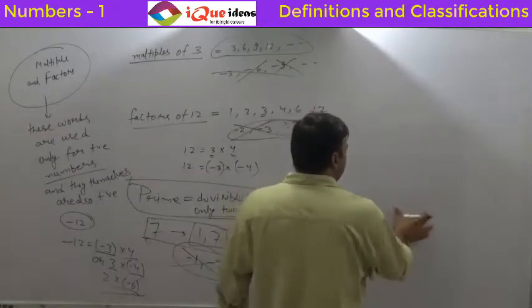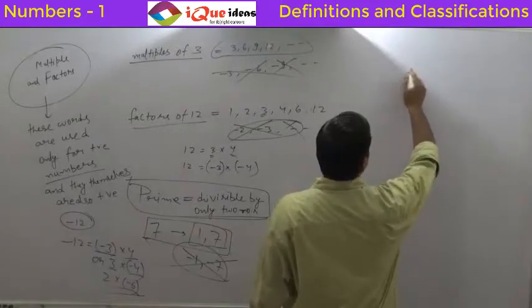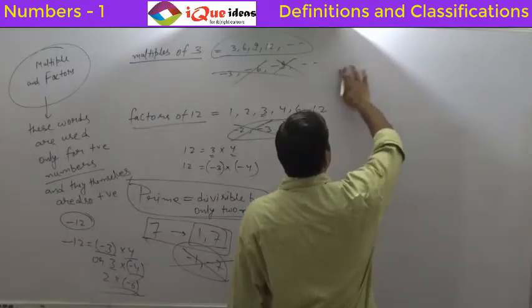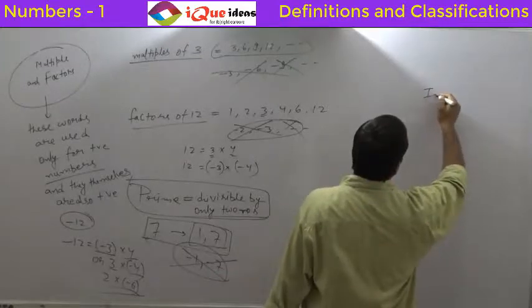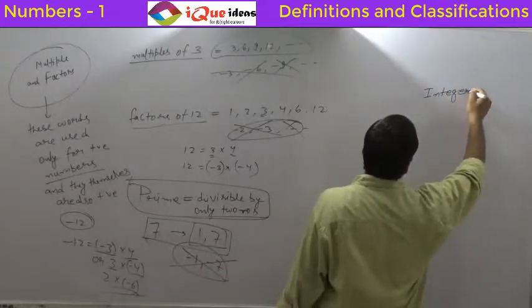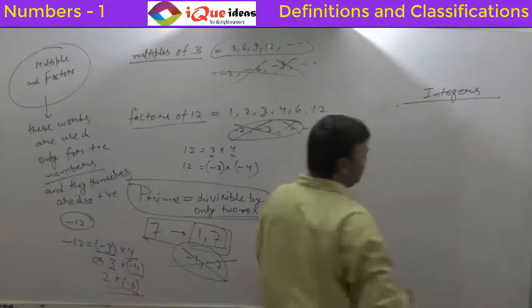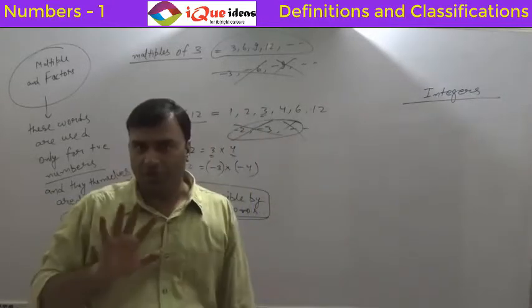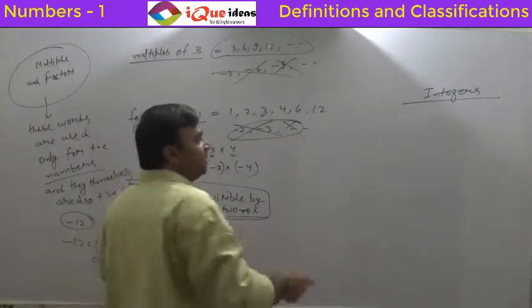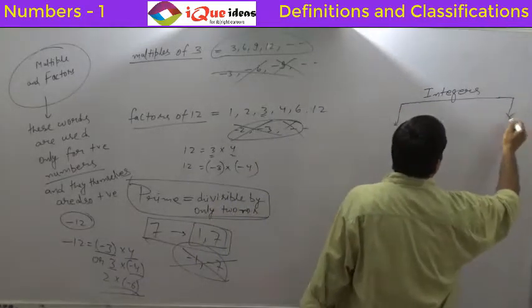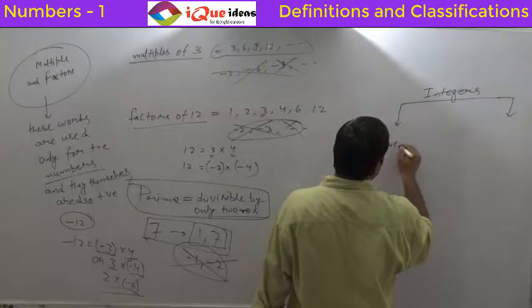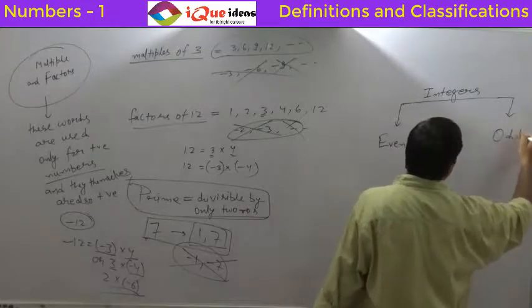So first, I'll tell you the examples of even numbers and odd numbers. First of all, even and odd are parts of integers. We have already seen that the integers can be divided into 3 parts: negative, positive and 0. Integers can also be divided into 2 parts: even numbers and odd numbers.